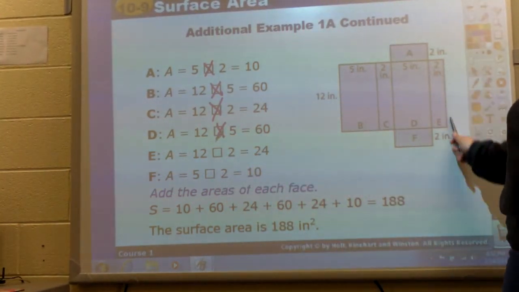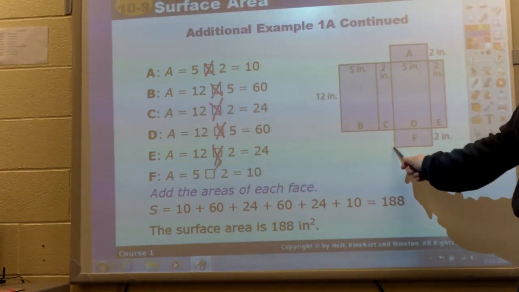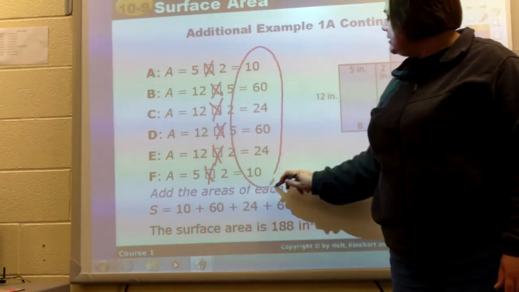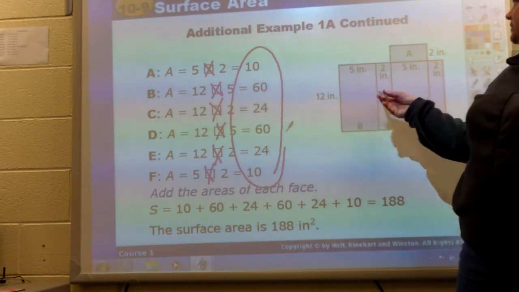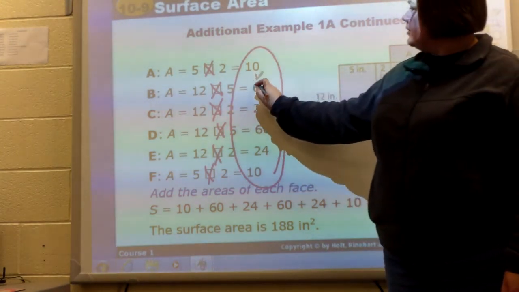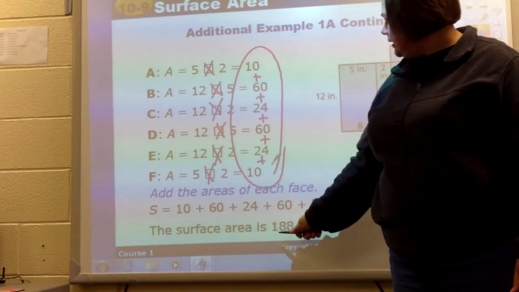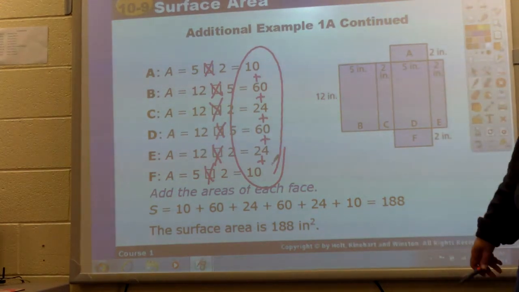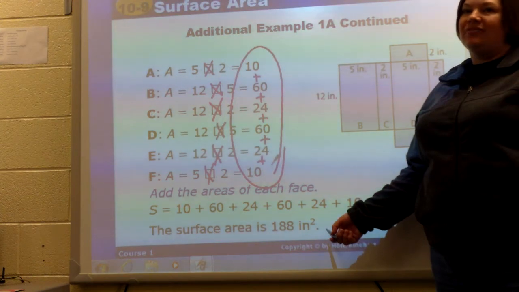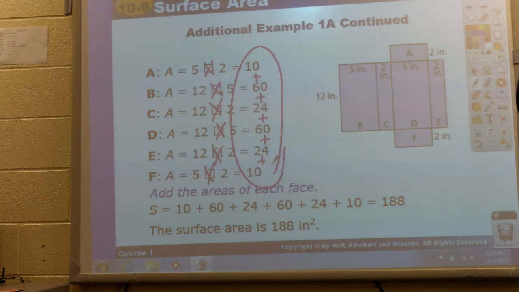For E, 2 times 12 is 24. And for F, 2 times 5 is 10. Now that I have all of these areas for each piece of this rectangular prism, I add them all together and get 188 inches squared. I have inches squared because we're talking about surface area. We're not talking about volume. That's what fills up the whole inside of that prism.